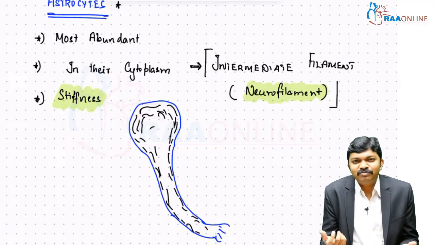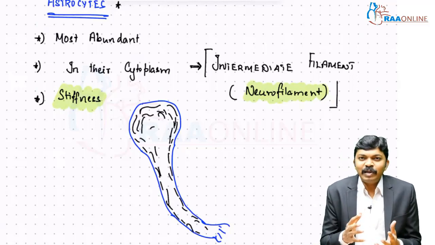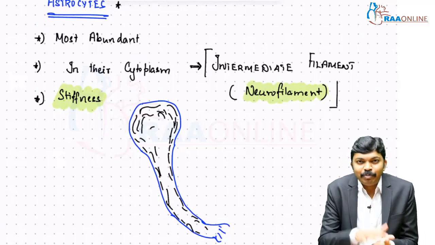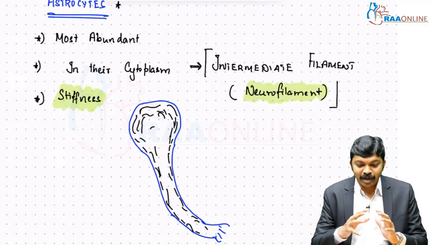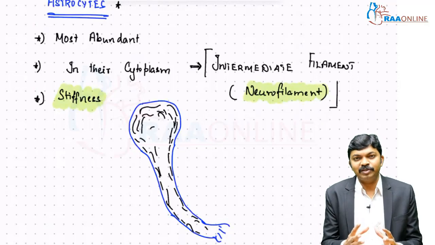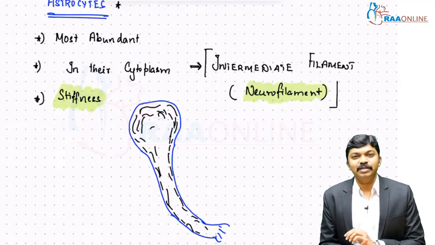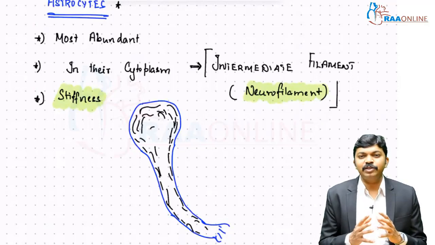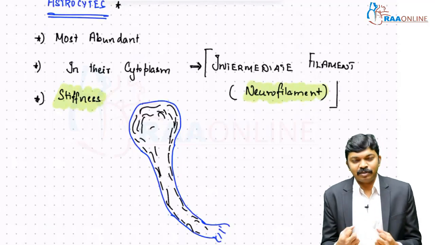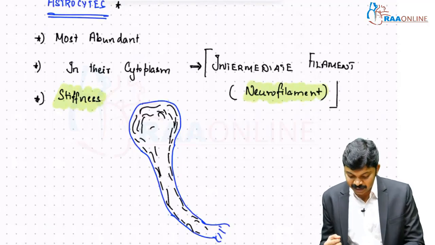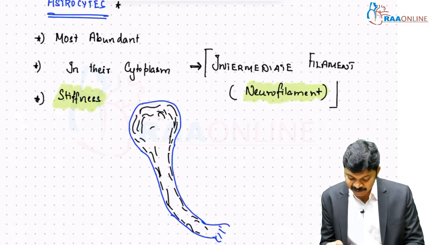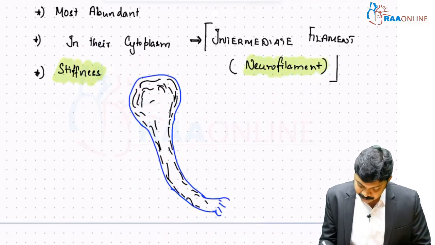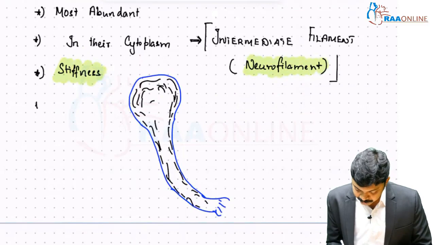Protoplasm is just a mass of jelly, that is all. So you should have a jelly-like feel when you palpate the brain, when you touch the brain, but no, it will not be. The brain looks solid, very stiff and firm, and the reason is astrocytes. Astrocytes do have plenty of neurofilaments that give stiffness to the cell, and that's what makes the brain look stiff and be stiff, guys. That's point number 3, stiffness.